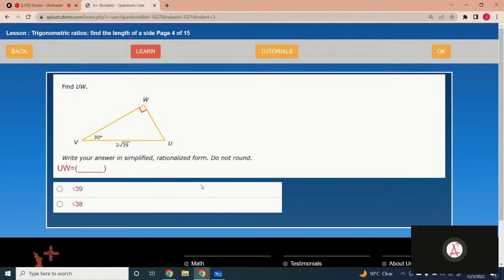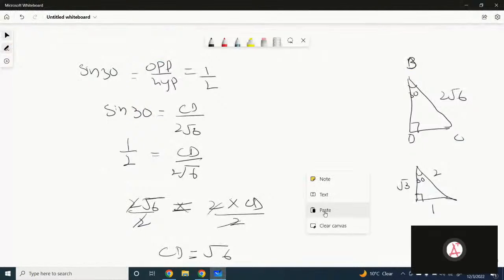The next topic is find trigonometric functions using a calculator. Let me write down the lesson name. The lesson name is find trigonometric functions using a calculator.